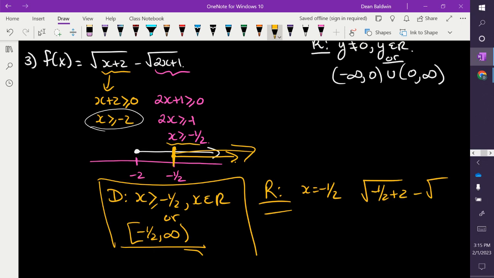Oh, it's going to give me 0 on this one. 2 times a half plus 1. That's going to give me 0. Yep, that goes to 0. What's -1/2 plus 2? That's 3/2. Square root of 3/2. That's your smallest x value. You're taking away more. It's going to open.